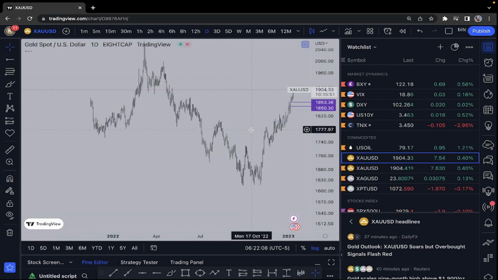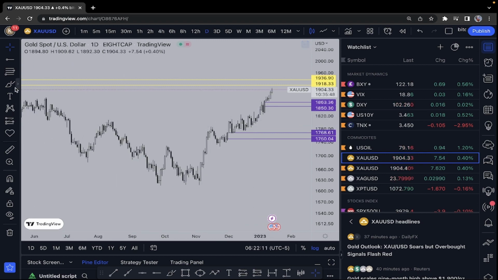So yeah, those are the levels where I expect price to pull back after making a run on liquidity.